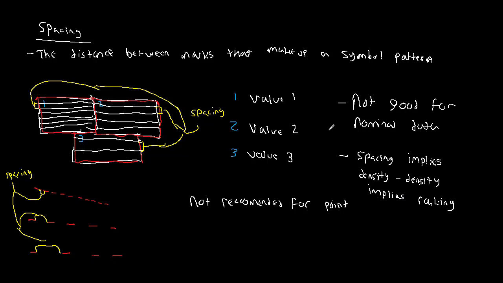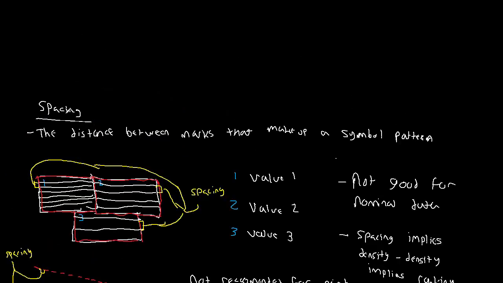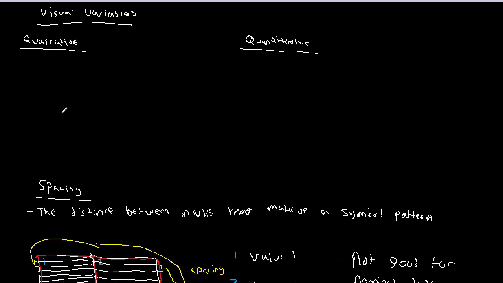And the idea here is that we do not want to imply ranking, therefore we would not use this for nominal. That being said, it works well for ordinal, for the same reason. Spacing implies density, density implies a ranking, so we can use spacing for ordinal, and we can use it for interval and ratio. So let's go back up here to our visual variables.